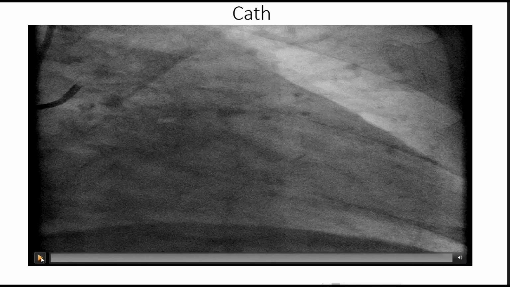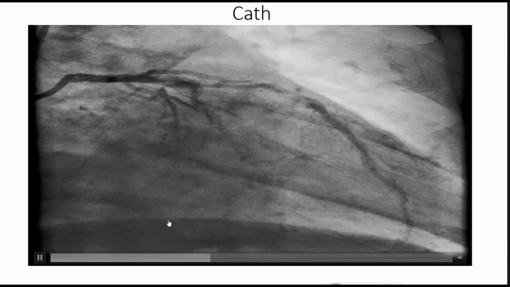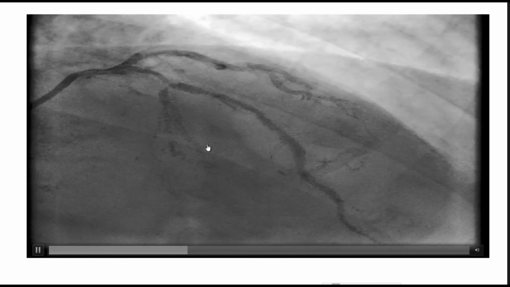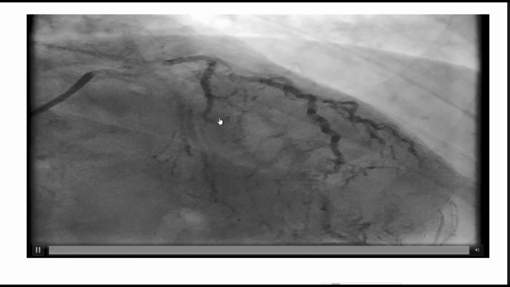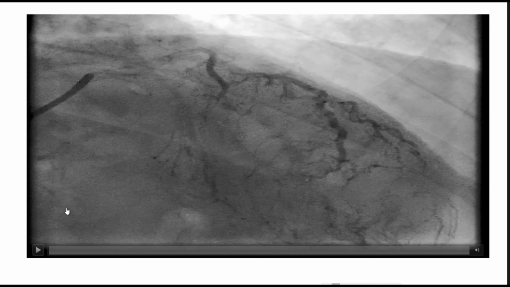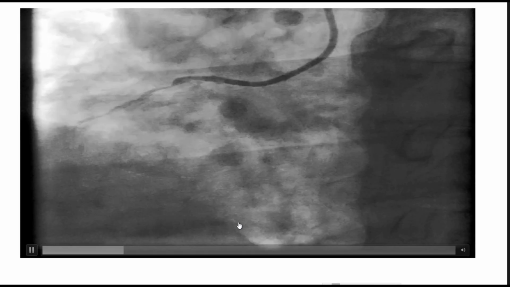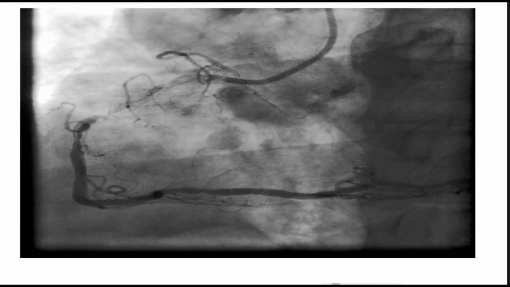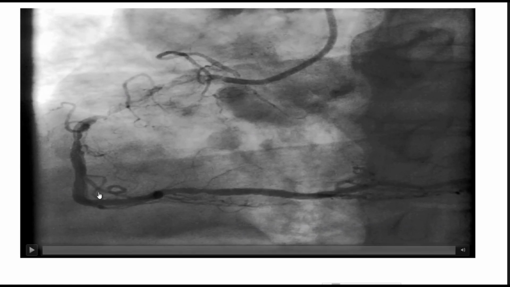And when we look at his cath, when we look at his left system, we see some disease in the LAD distribution. And when we look at his right, we see a great deal of disease in his right coronary artery.